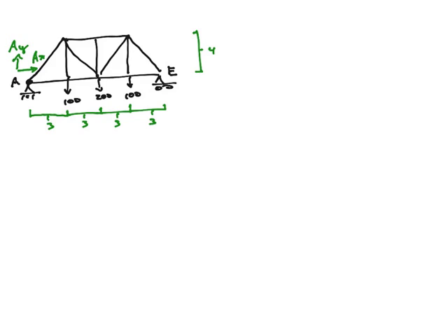Now again, as is true for method of joints, or when we're just calculating reactions on its own, you could just guess a particular direction for these reactions, maybe up, maybe down, maybe left, maybe right. If you happen to be wrong, if you guessed up but the reaction is actually down, the only difference is that the answer is going to be negative.